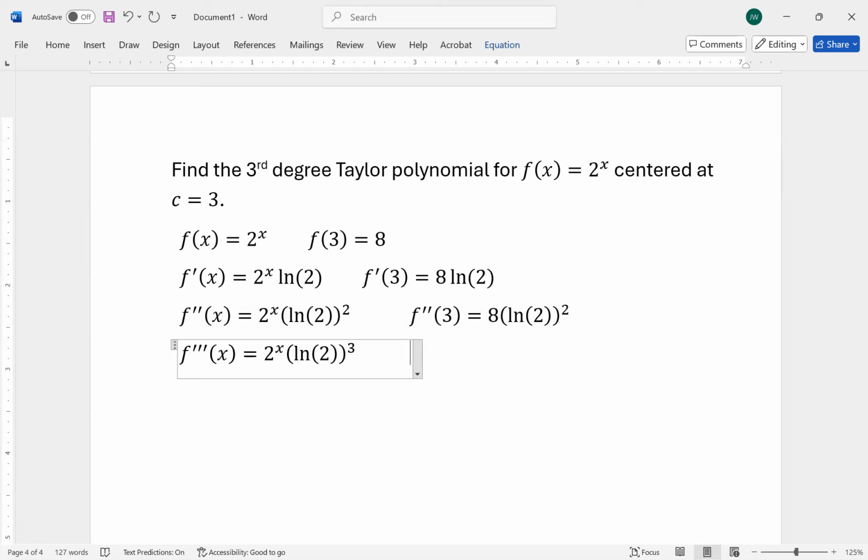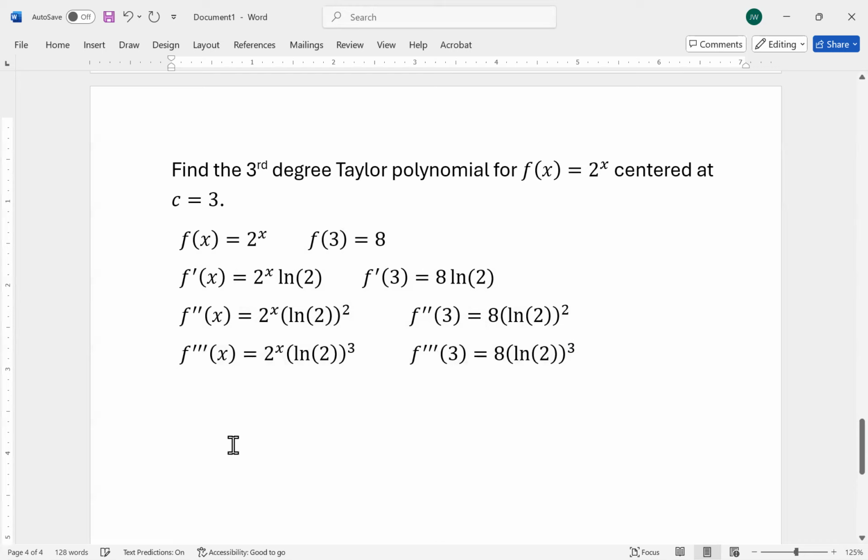And then when I plug in the number 3, 2 to the third is 8, multiplied times natural log of 2 to the third power. So now I have my function value, my first derivative, my second derivative, and my third derivative.